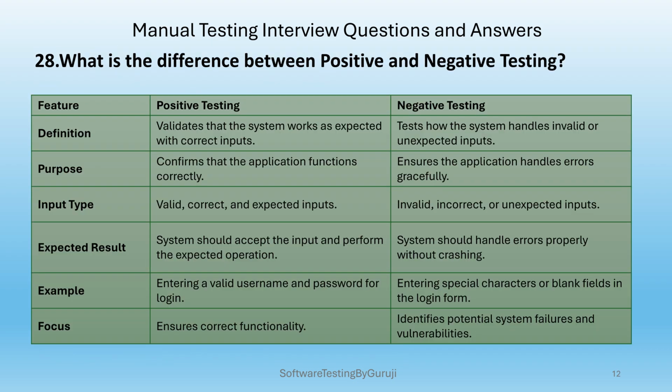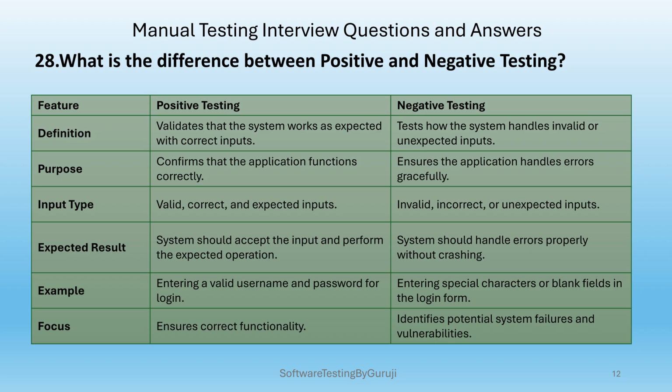So let's move on to another question. What is the difference between positive and negative testing? Positive testing definition: validates that the system works as expected with correct inputs. Negative testing: tests how the system handles invalid or unexpected inputs. Positive testing purpose: confirms that the application functions correctly. Negative testing: ensures the application handles errors gracefully.